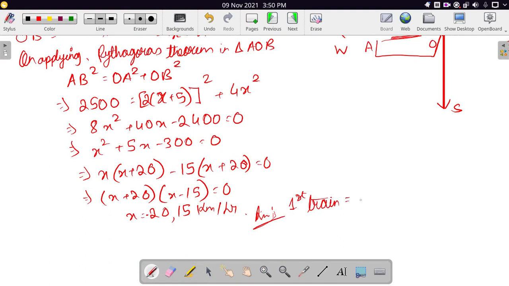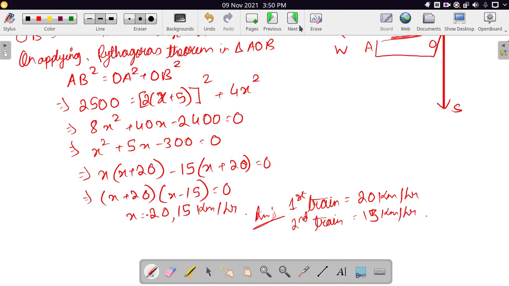First train, the speed will be 20 km per hour because the first train has 5 km more than the speed of the second train, and the speed of the second train is exactly the value of x, which is 15 km per hour. Right? That is what we've been asked to find.